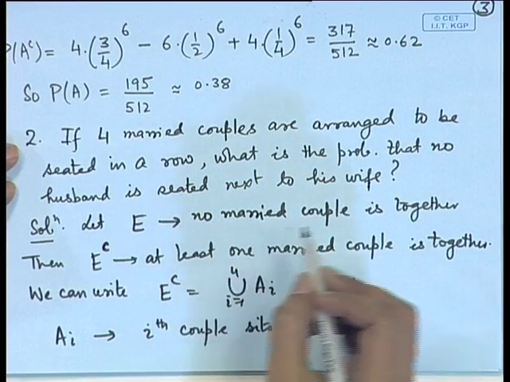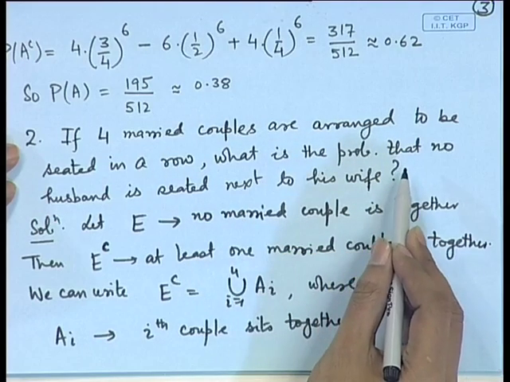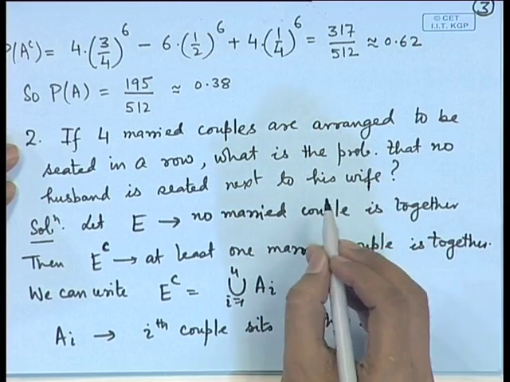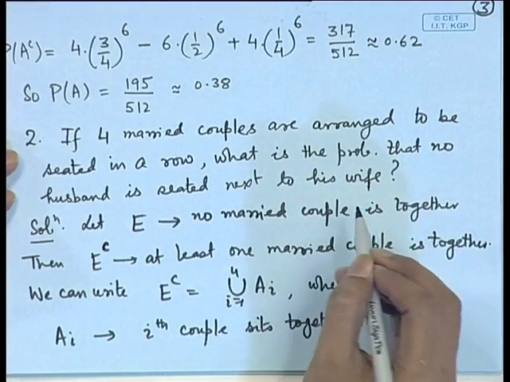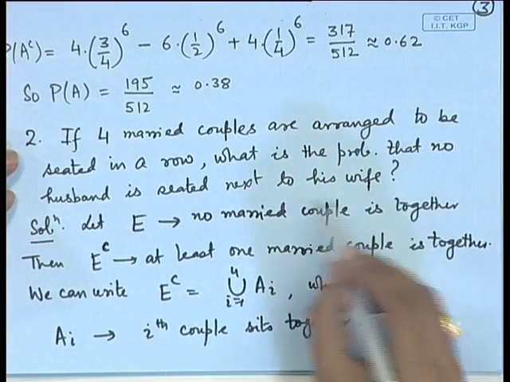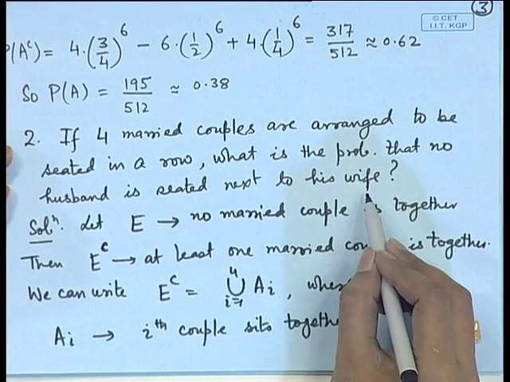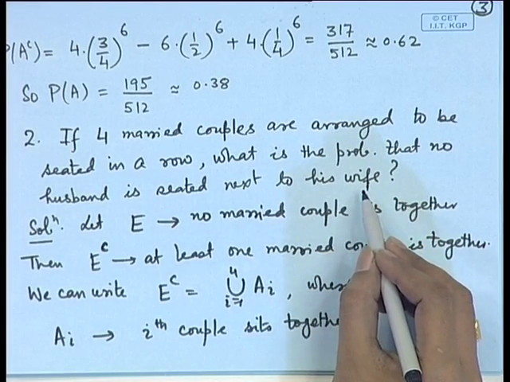So, if we analyze this event directly, let us call the pairs 1, 2, 3 and 4, then the possibility that no husband is seated next to his wife will lead to various combinations.